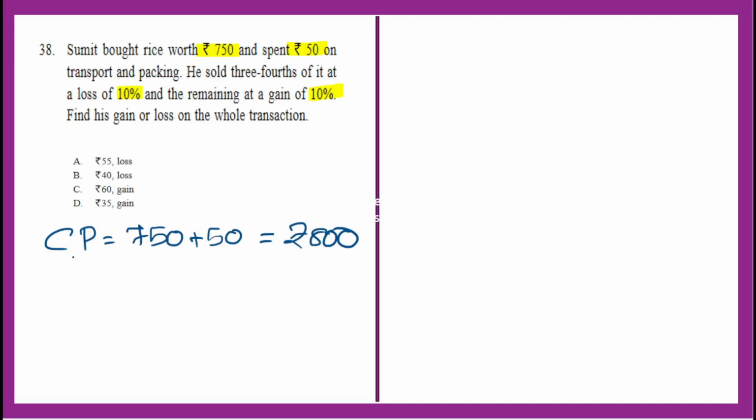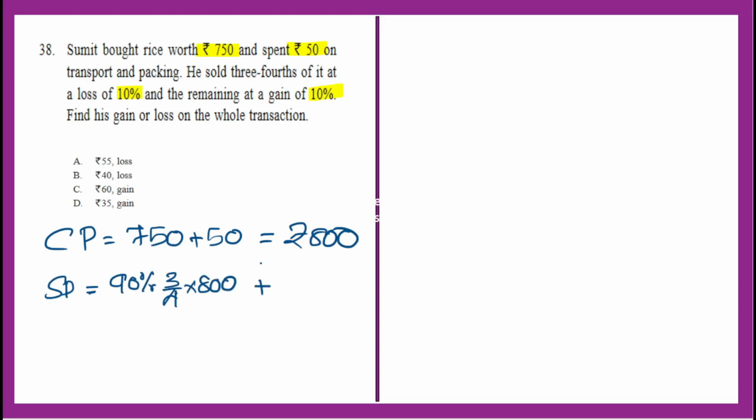Now let us try to calculate the total sale price of whole part. He sold 3/4 of it at a loss of 10% implies the sale price of that part equals 90% of 3 by 4 times 800.